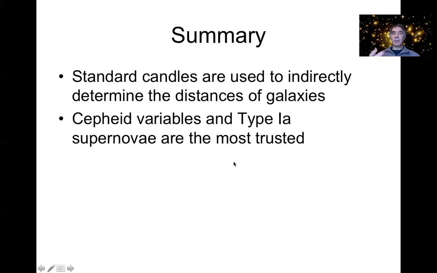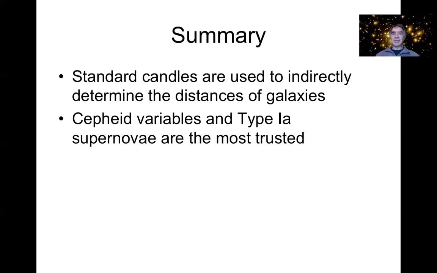And again, if you want to read around the subject a little bit, you'll be able to read about this idea of what's called a distance ladder. This is the idea that you use various methods to gradually get you further and further away. You can use the trigonometric parallax method to calibrate the Cepheid variables.